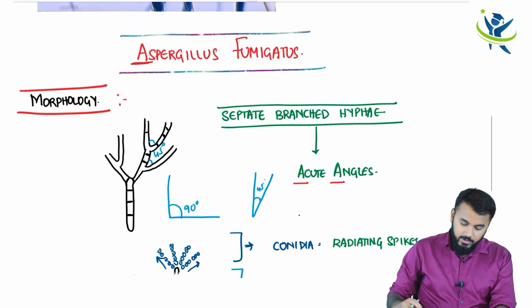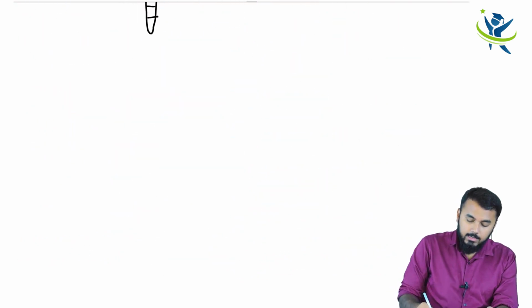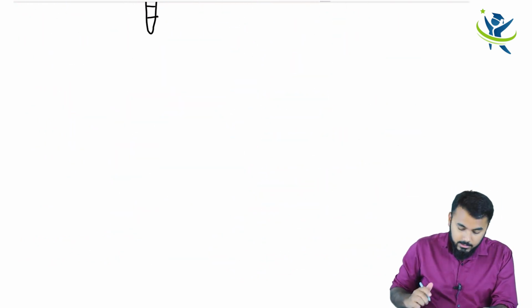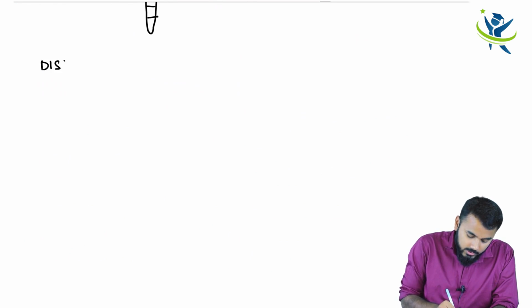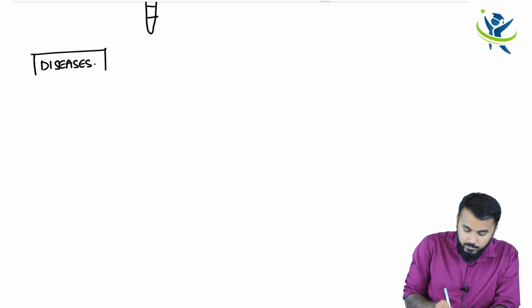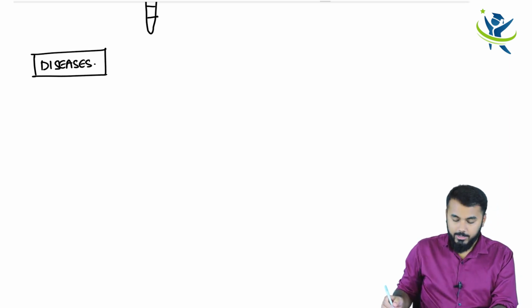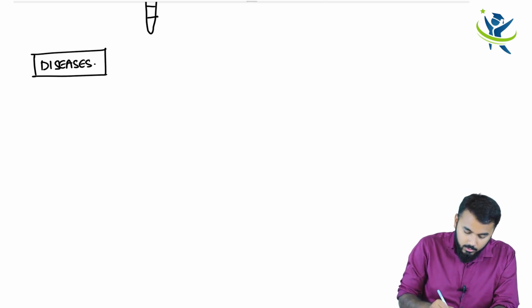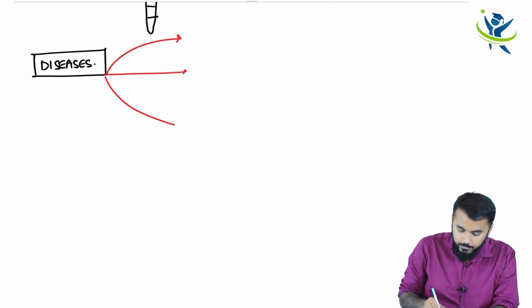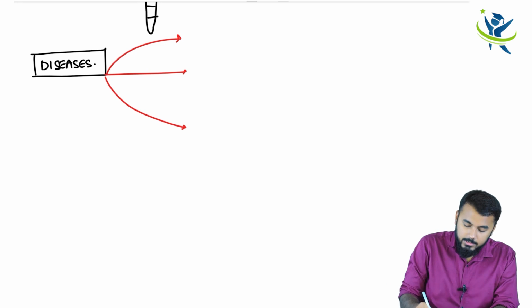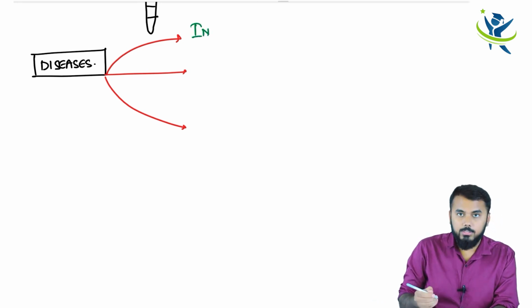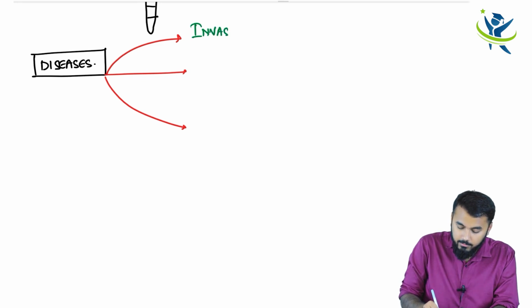Now, when we discuss the diseases that are caused by Aspergillus fumigatus, there are three important diseases. What are these three important diseases? The first important disease is invasive aspergillosis.